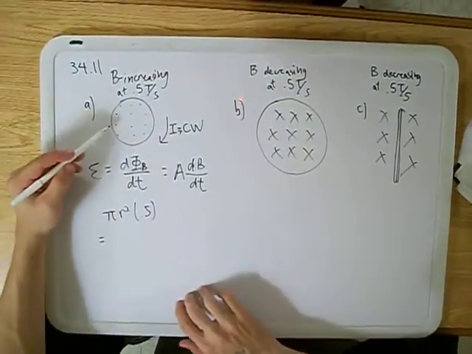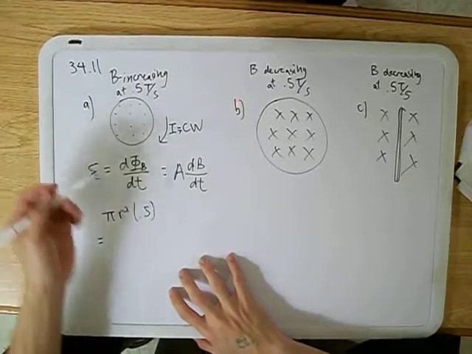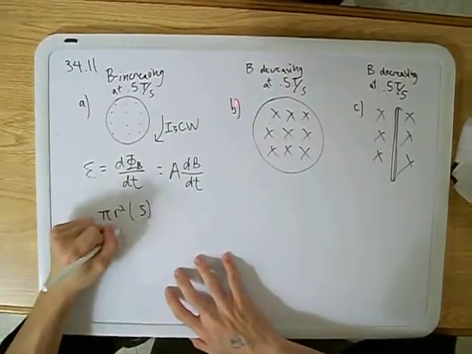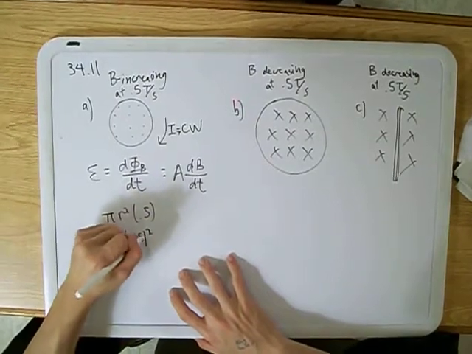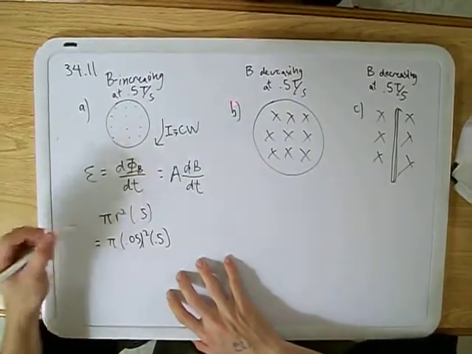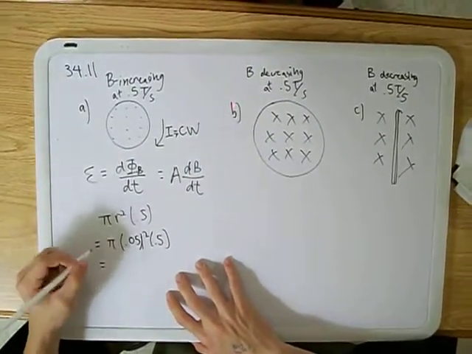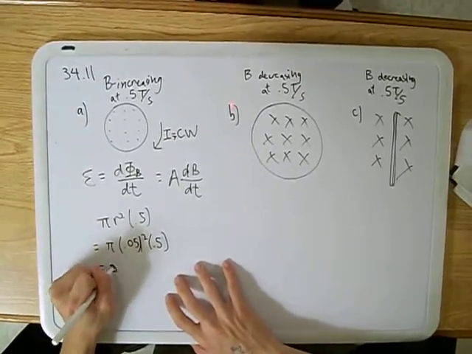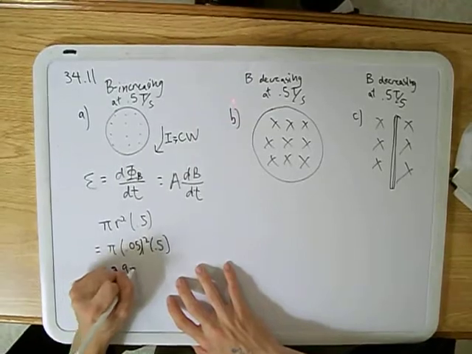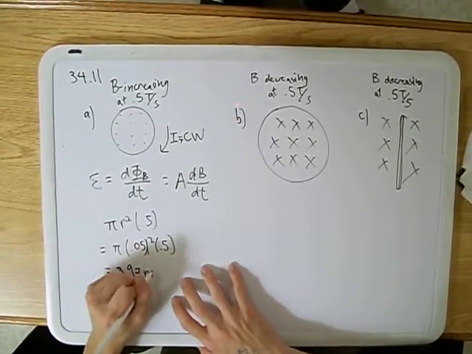Since our hoop is 10 centimeters, the radius will be 5 centimeters. So you have pi times 0.05 squared times 0.5, which will give you your induced EMF, which will be 3.97 millivolts.